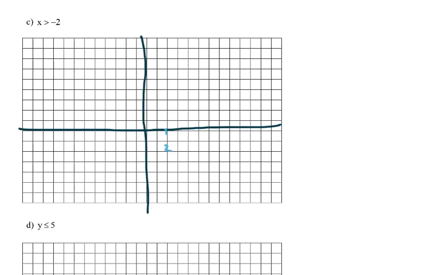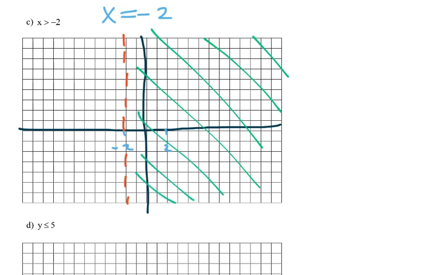Okay, C then, we're going to have to draw the line x equals -2. For some reason I've drawn 2 there. And here's the vertical line x equals -2. And we need to dash that line because we've got strictly greater than. And then we want x is greater than -2.